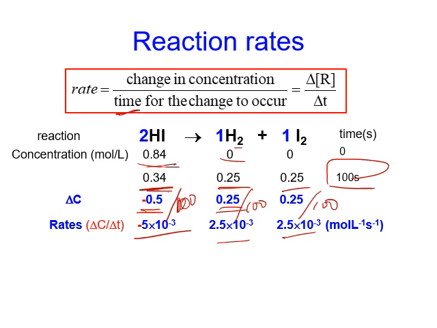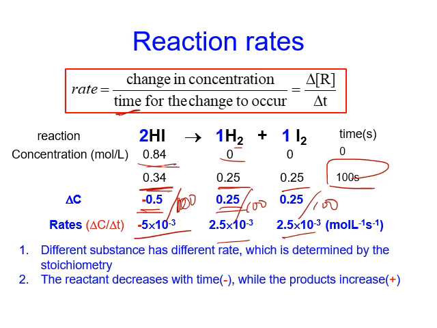shows that for the same chemical reaction, the reactants and products, these different substances give you different rates. Some faster, some slower. In this case, the hydrogen iodide reaction rate is twice that of hydrogen gas and iodine gas. And this follows the stoichiometry in the reaction equation.